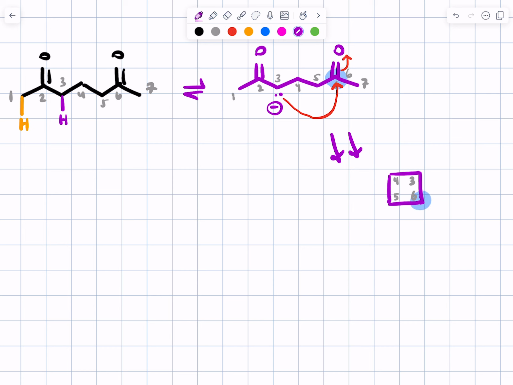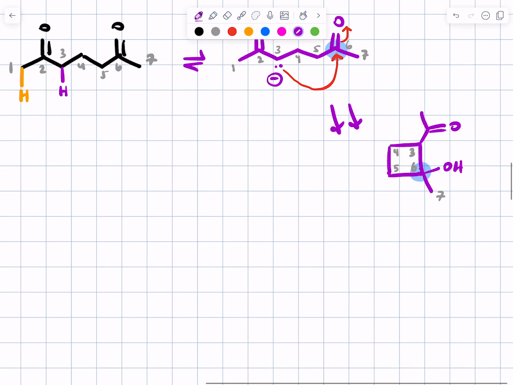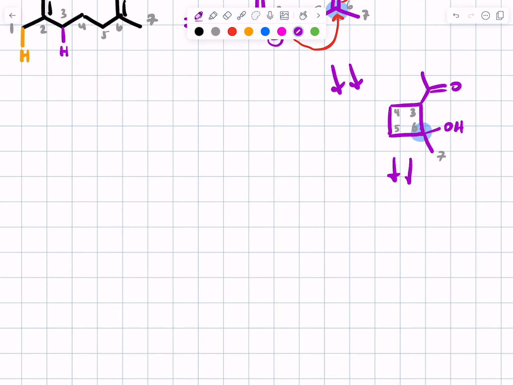That means in our aldol product, that's going to have an OH group on it and carbon 7. Carbon 3 should also be attached to carbon 2 there. And then if we went on to the alpha beta unsaturated carbonyl compound, this would be our product.